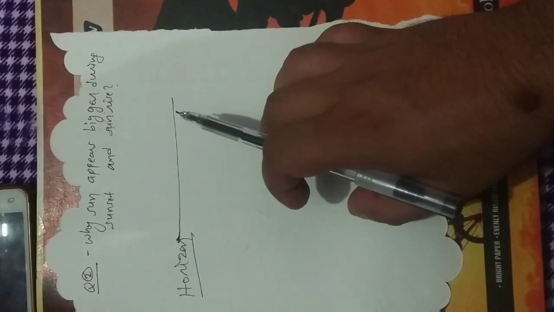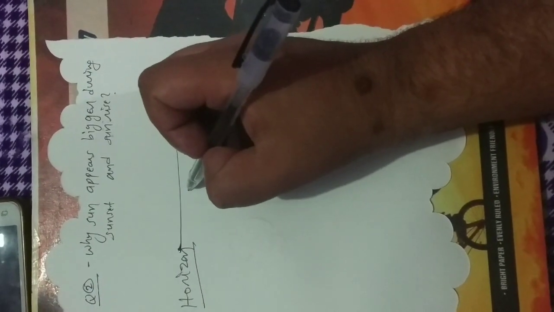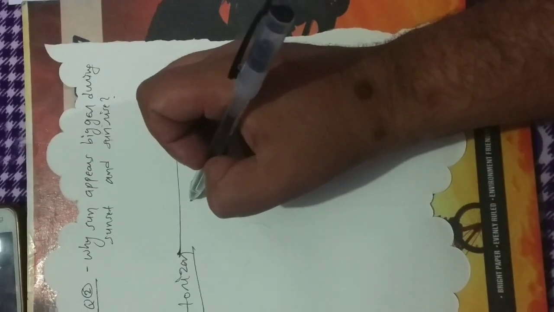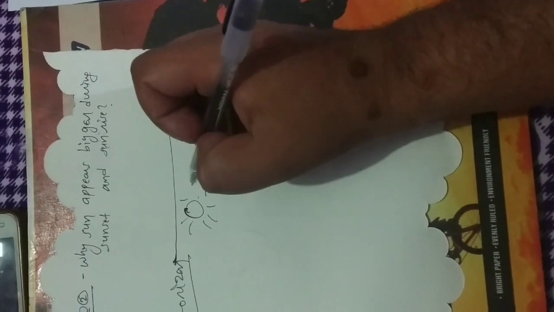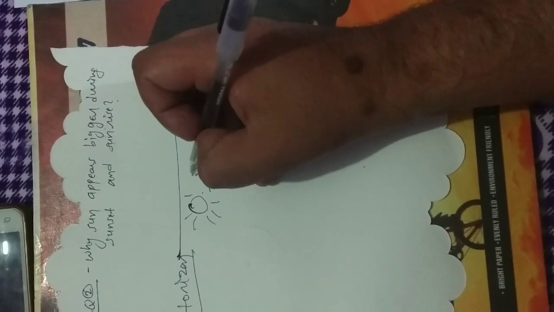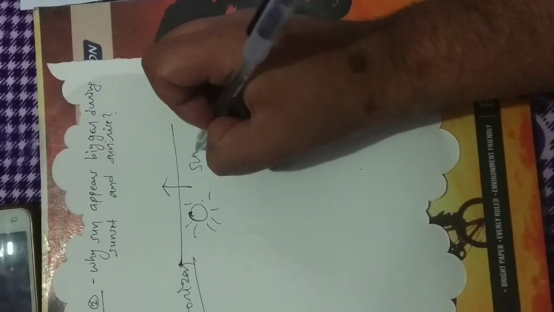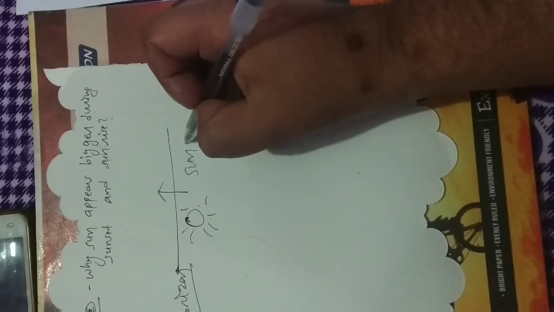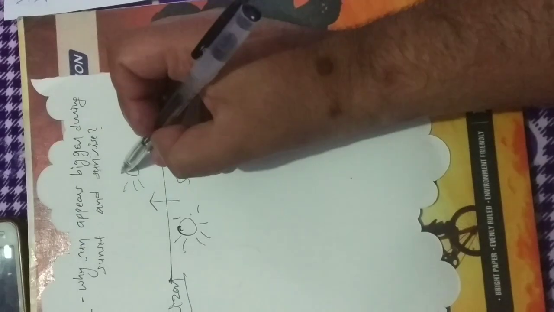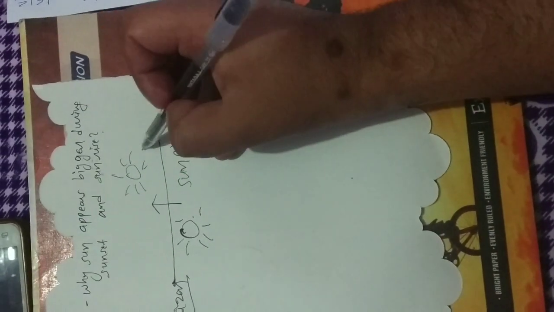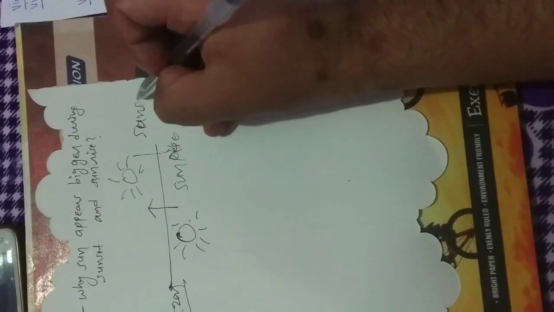When the sun is coming up from the horizon, it is called sunrise. When the sun is going down at the horizon, it is called sunset.